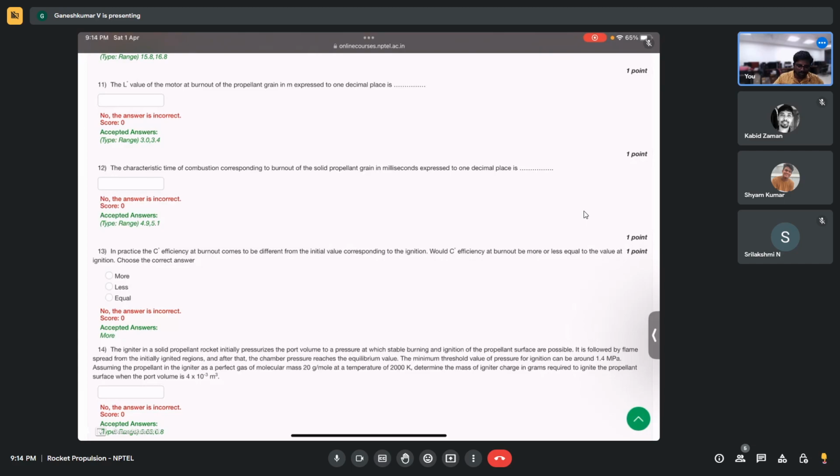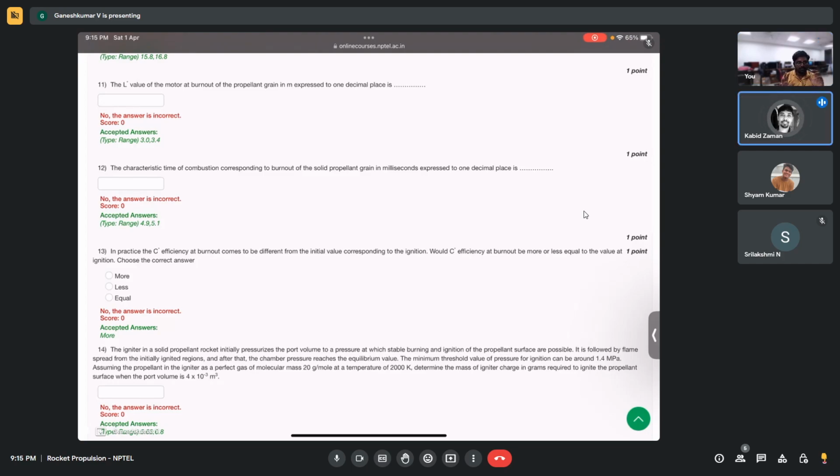Once you reach the equilibrium pressure, you are going to have almost constant C star, but until you reach the equilibrium pressure, you are not going to have C star efficiency the same as the equilibrium C star efficiency, right? Similarly, after burnout, the pressure drops from equilibrium pressure to a lower value, and at that point also the C star efficiency is going to change.